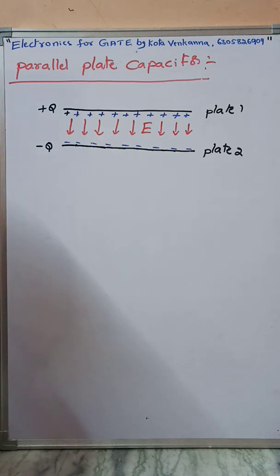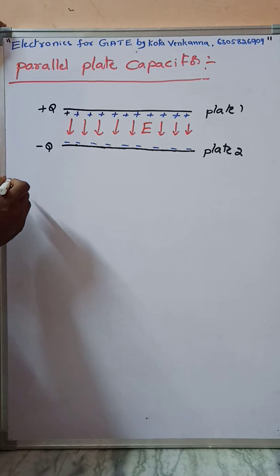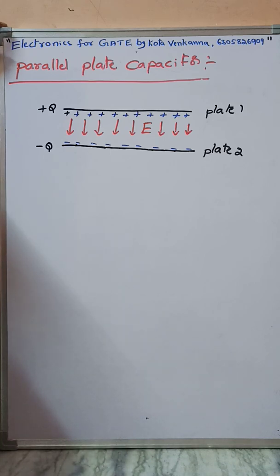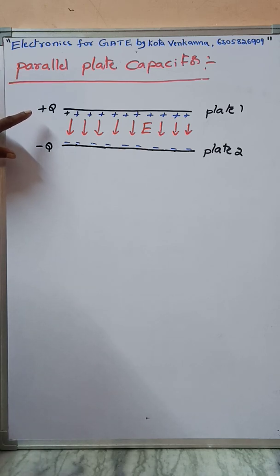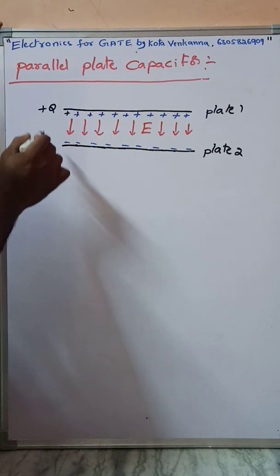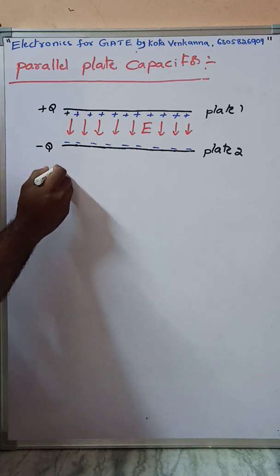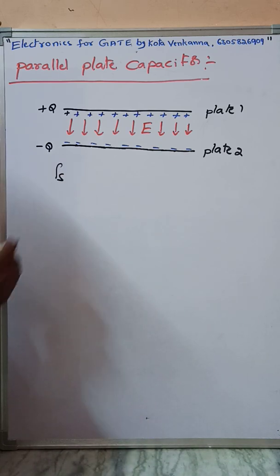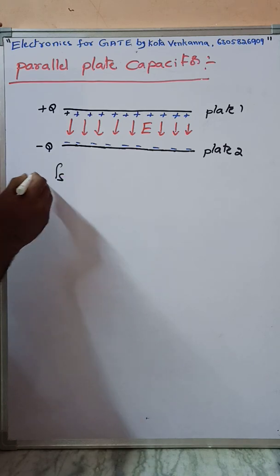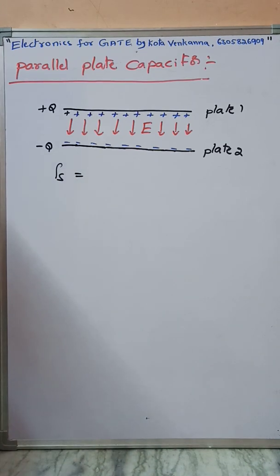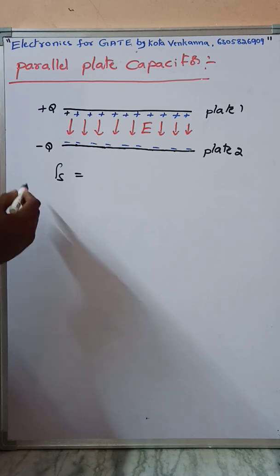Here the charge of the parallel plates is represented with Q. Then the surface charge density is represented with rho s.